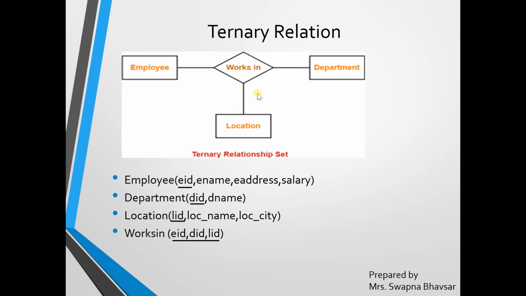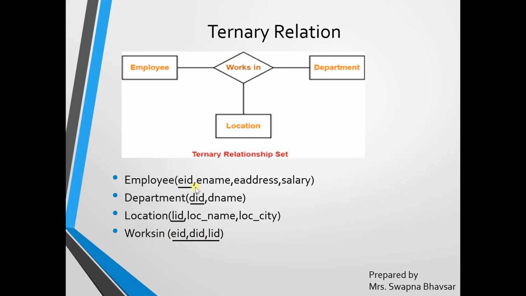And works in is the relationship set with many to many cardinalities. And if we have many to many cardinality, we take union of all strong entity set in works in relation, union of all primary keys in works in. So EID, DID and LID whole will act as primary key for works in relationship set.